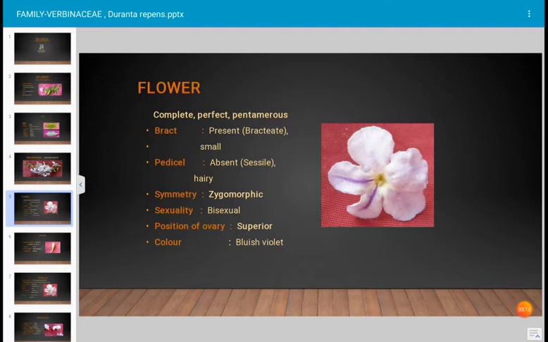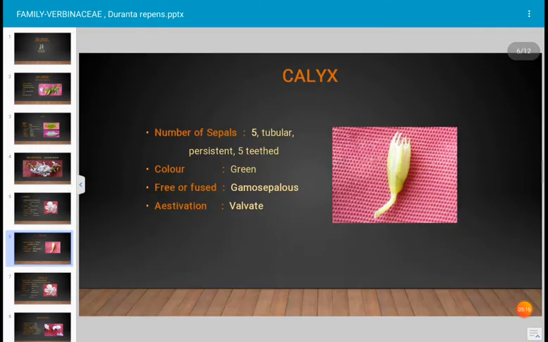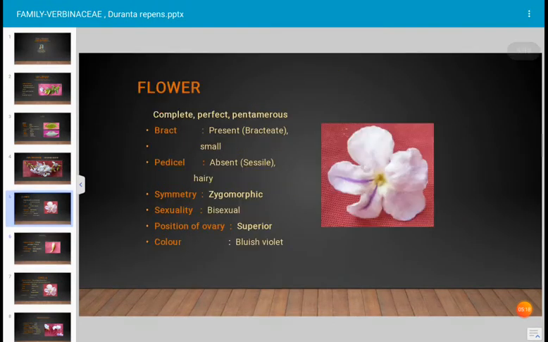And the flower has no stalk. The petiole is absent. The stalk of the flower is known as the pedicel. Since it is absent, it is a sessile flower, and the basal region is hairy.